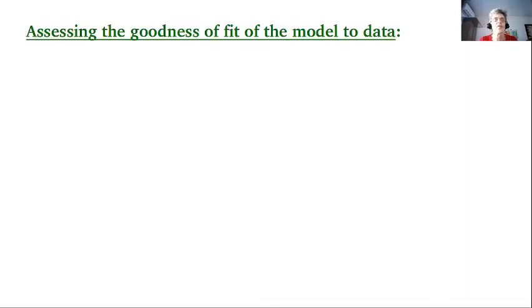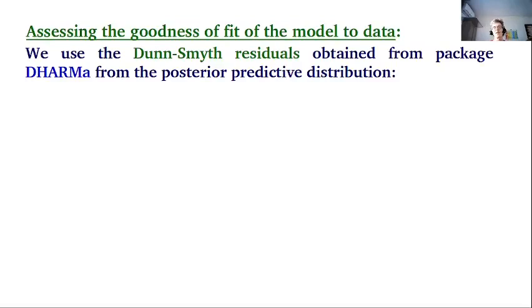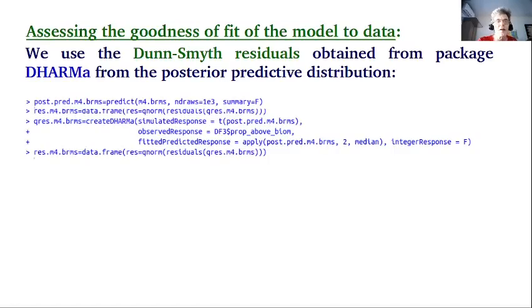So we can also assess the goodness of fit of the model to the data using the Dunn-Smyth residuals obtained using the package DHARMa by using the posterior predictive distribution. Here is the posterior predictive distribution that is stored here, and with this posterior predictive distribution we use the command createDHARMa to obtain the residuals.